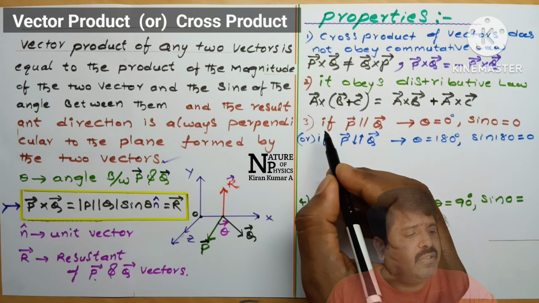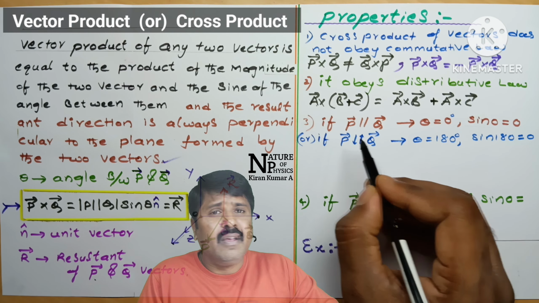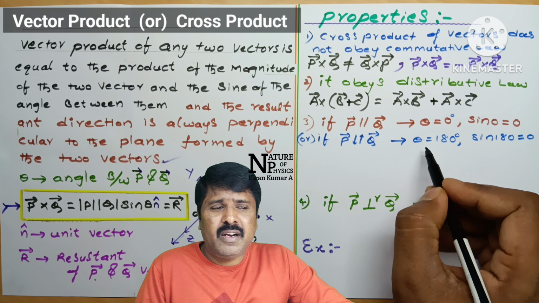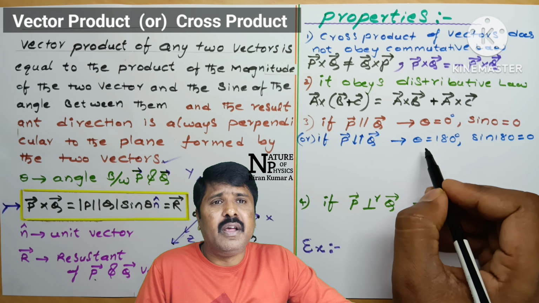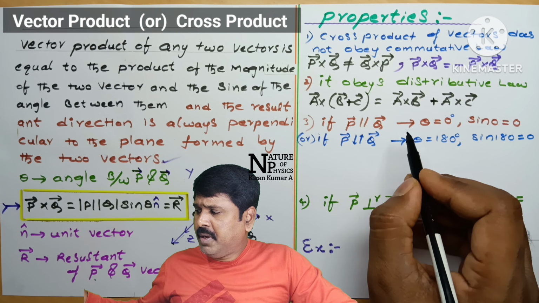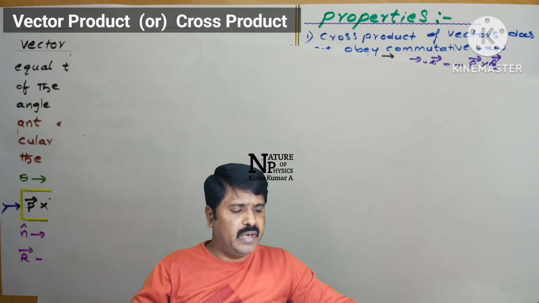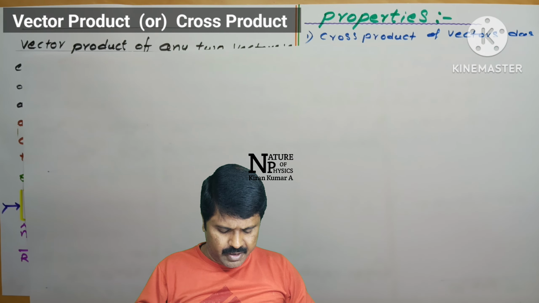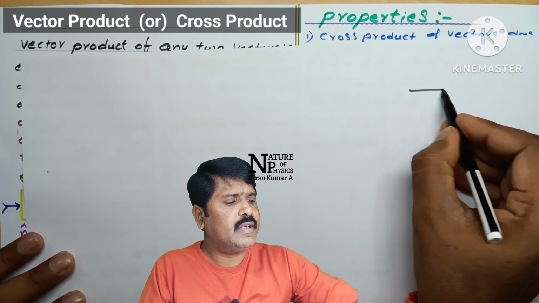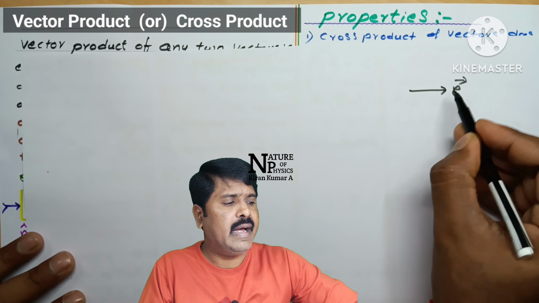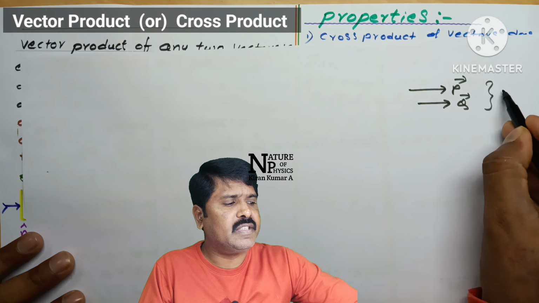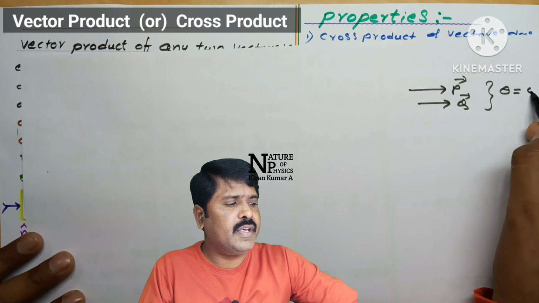And then, continuing with the third property, here parallel and anti-parallel vectors are considered. For parallel, P and Q are both along the same direction. Wait a second, I can give you clarity about it. See students, this is the P bar vector and this is the Q bar vector, both along the same direction. Theta is equal to 0.